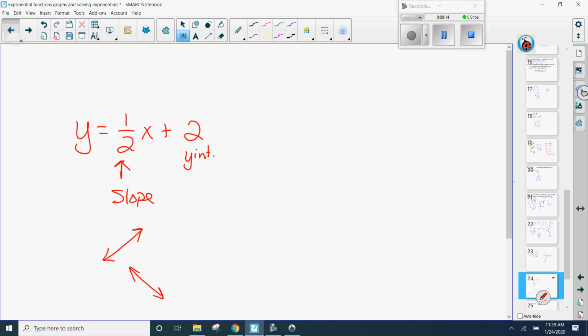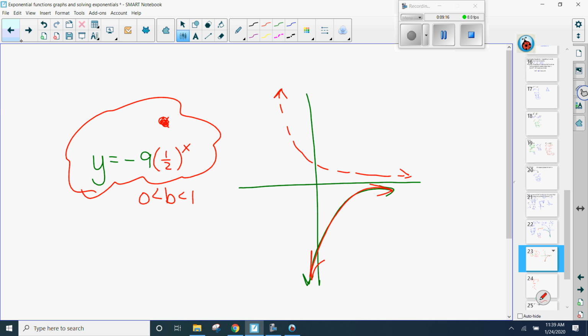So when we look at an exponential equation, we know my graph's probably going to be growth, or depending on what B is, it's going to be decay. And this A value right here is going to tell you the y-intercept, not any different than that +2 in the example we just looked at. And if that's negative, what do you know about your graph?